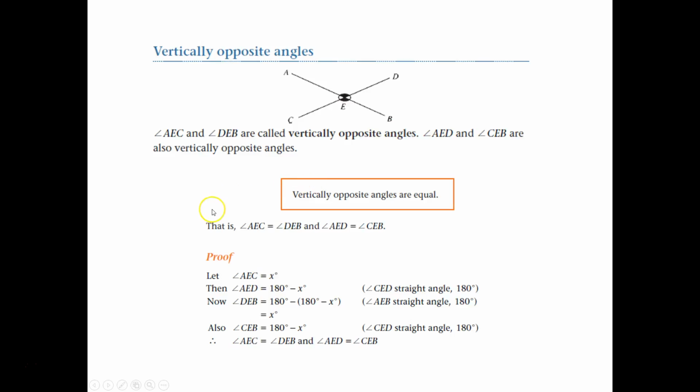In the book they've done a proof on this, and this is just based on straight lines. Fairly simple proof when you have a closer look at it. Now you could go and have a look at exercise 4.1. These questions are very straightforward, but make sure you pay attention to the reasons.